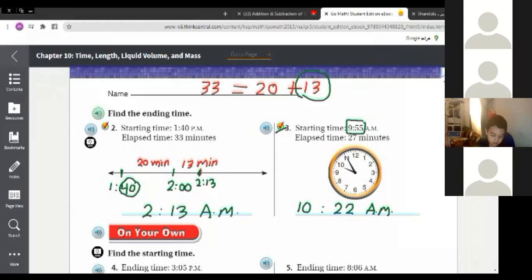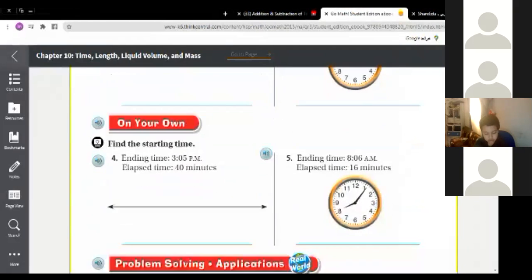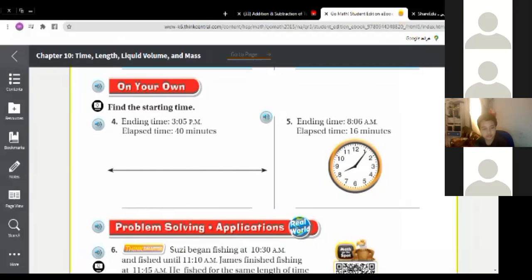Start at 3:05, elapsed time 40 minutes. We begin at 3 and 5 minutes, and the elapsed time is 40 minutes. What should I do?